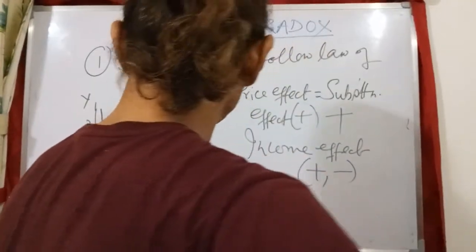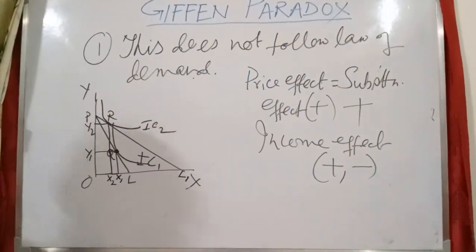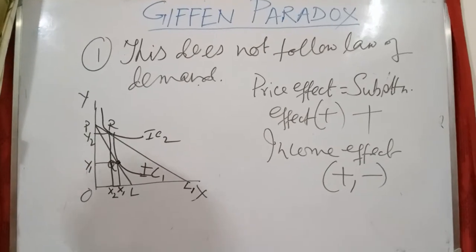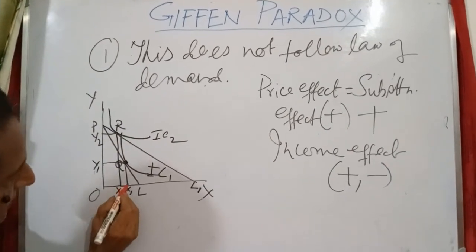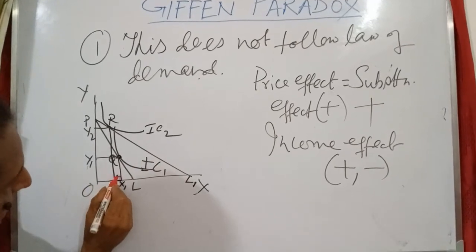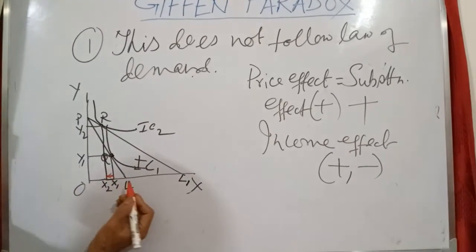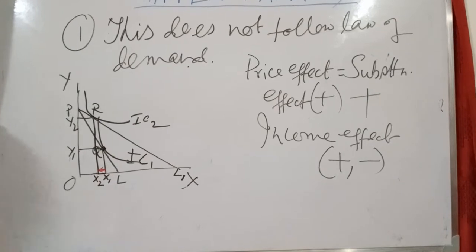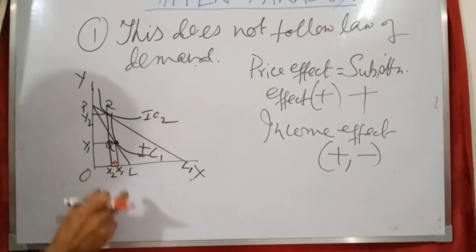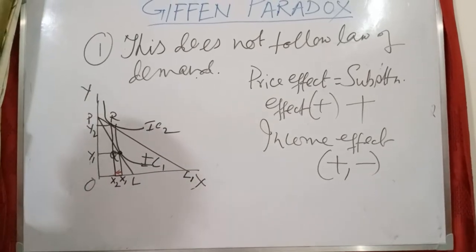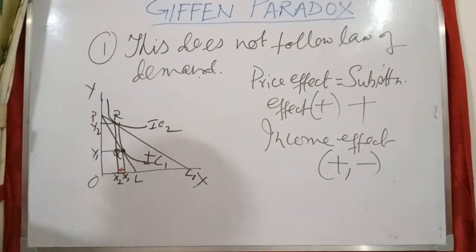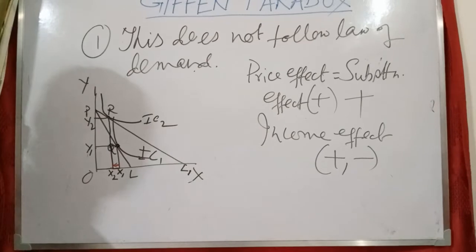That means as the price of X has fallen, consumption of X has also fallen. The consumption of X has fallen by X1 X2 as a result of the fall in the price of X. This is a Giffen good.